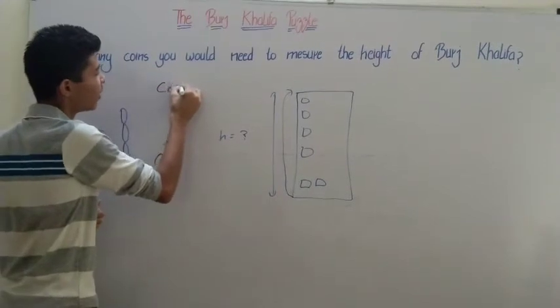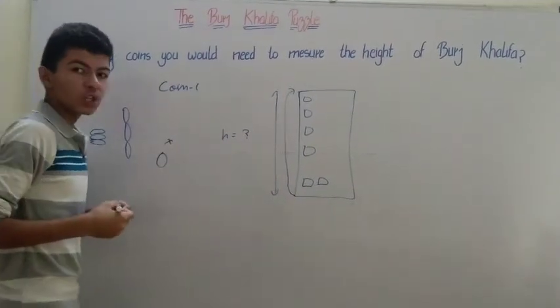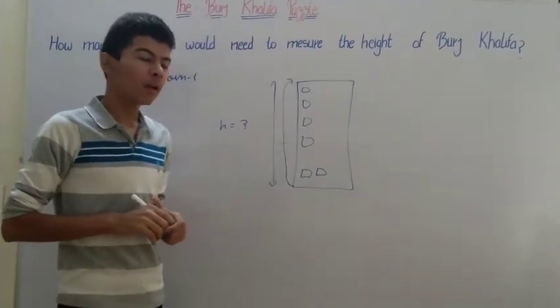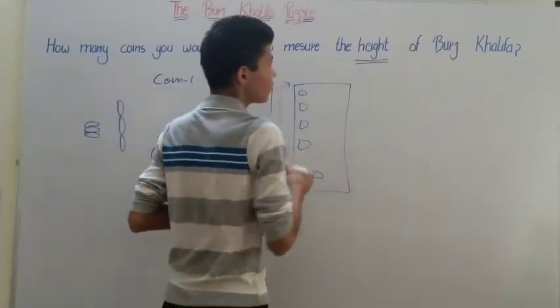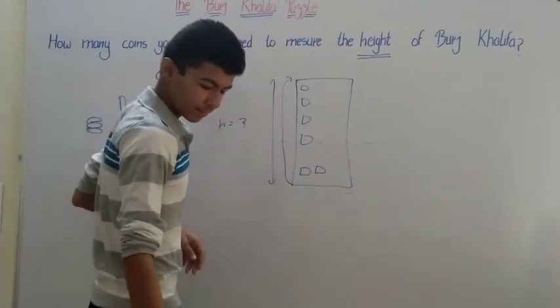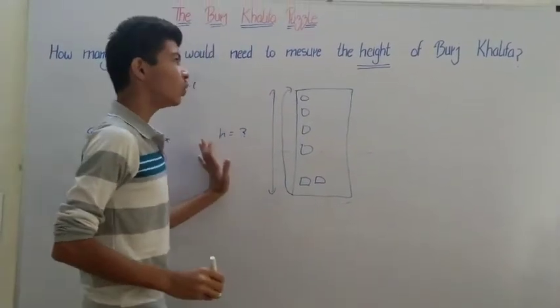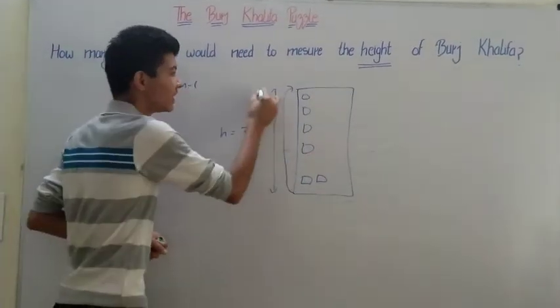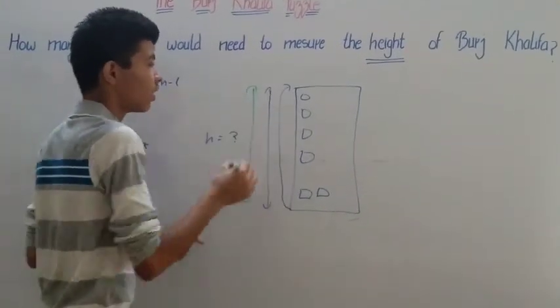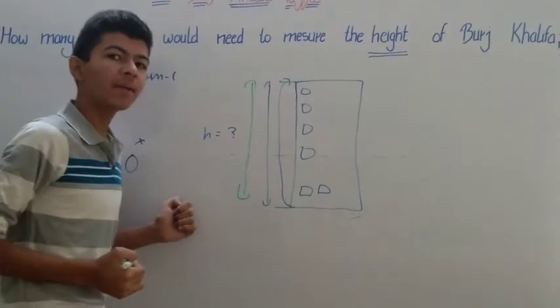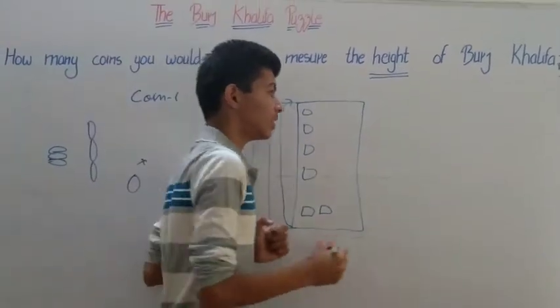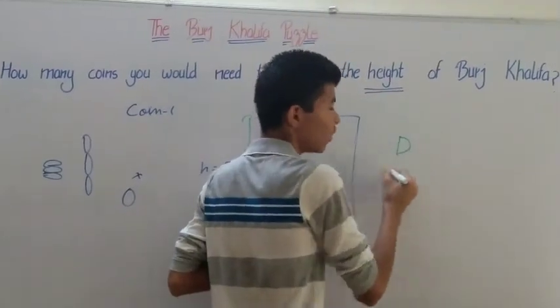So we require only one coin. How do we need only one coin? Here we require the height. We can also call this a distance, the distance from the top of the building to the bottom of the building. When we think about distance, we remember the distance, speed, time triangle.